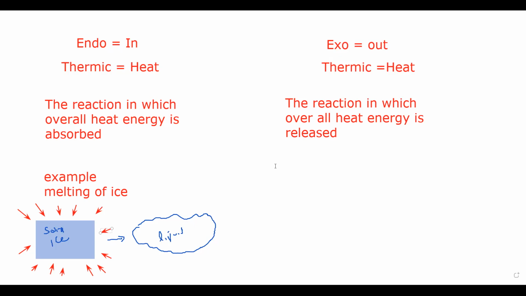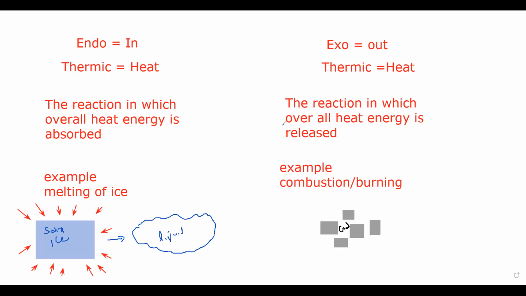But when you burn something, for example combustion or burning, when a combustion reaction takes place, you have a sample of coal, and when you burn coal, there is a chemical reaction.